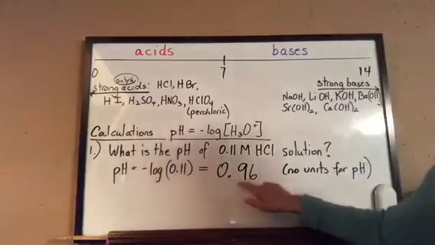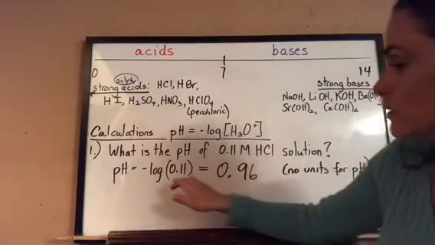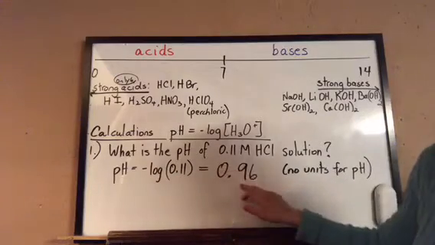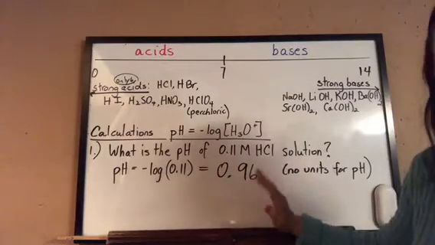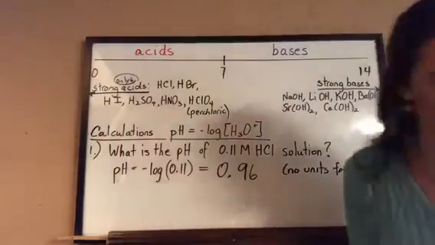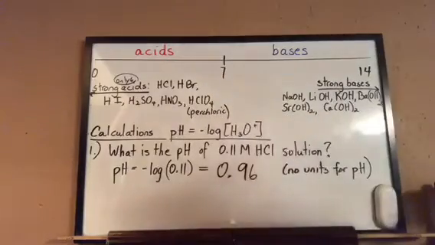So your final answer should have 2 significant figures for the decimal. So total number of sig figs, total number of decimals. Don't be concerned about that, okay? I don't want you to go crazy with the significant figures for logarithms. I want you to be able to calculate pH values, okay?